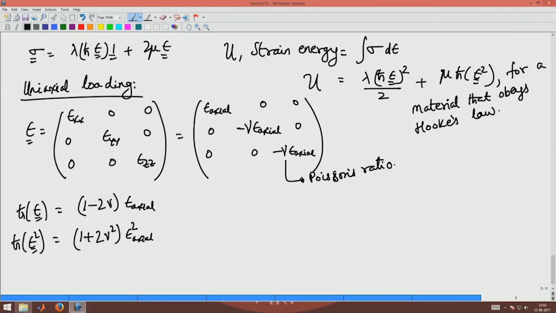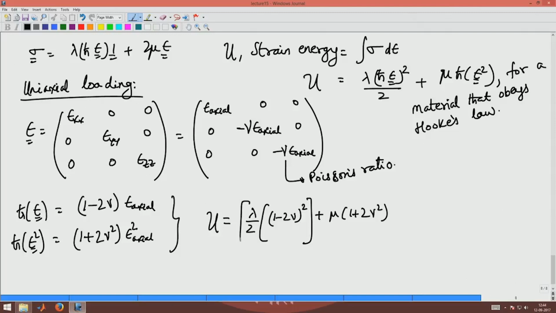So, substituting this in the expression above, we get the strain energy as lambda by 2 times 1 minus 2 nu squared plus mu times 1 plus 2 nu squared, into epsilon axial squared.